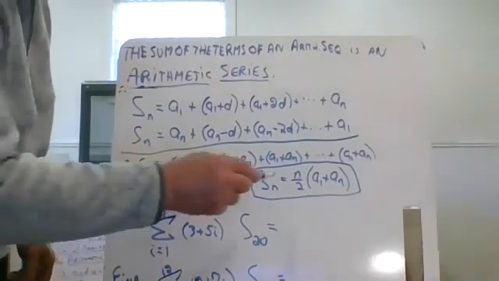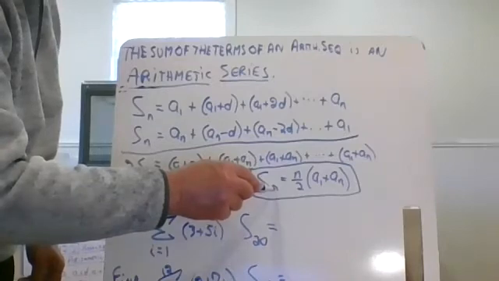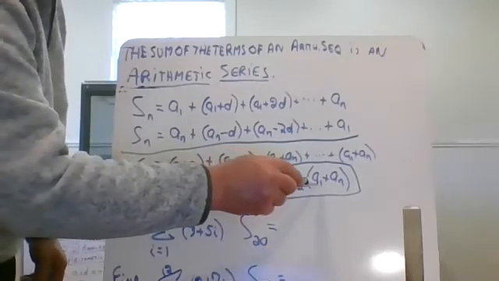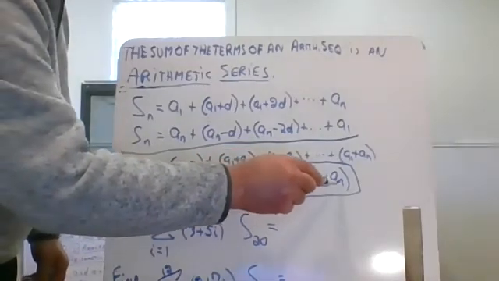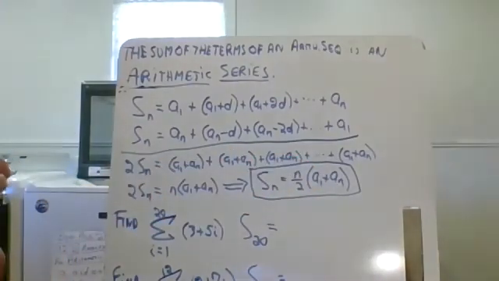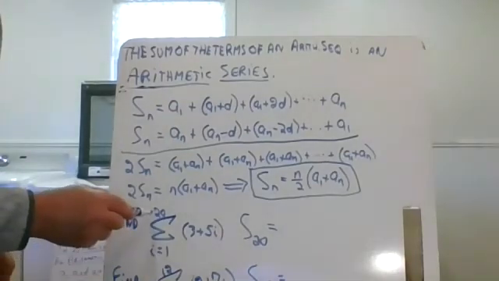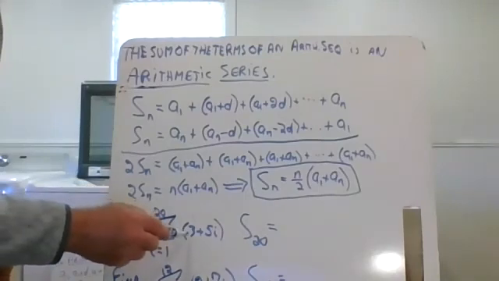So you need to know your n, how many terms you're adding up. You need to know your first term and your last term, and you can get the formula. So here we go. Find the sum from i equals 1 to 20 of 3 plus 5i.